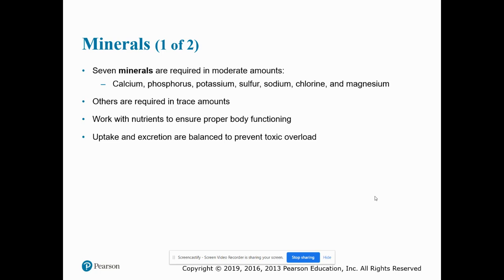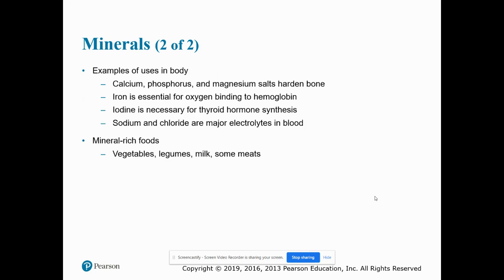There are 7 minerals that are required in moderate amounts: calcium, phosphorus, potassium, sulfur, sodium, chlorine, and magnesium. Others are required in trace amounts, and they work with nutrients to ensure proper body functioning. Uptake and excretion are balanced to prevent toxic overload.